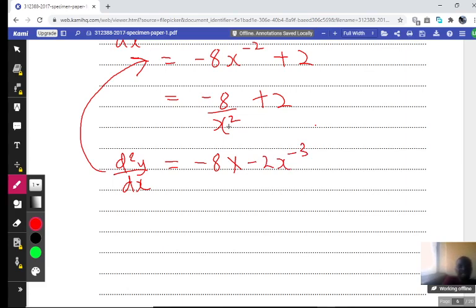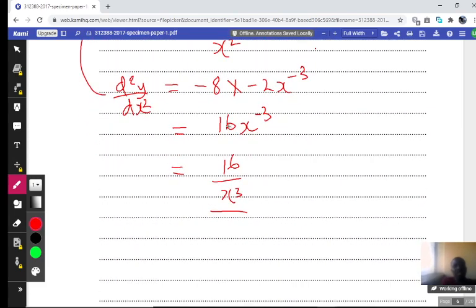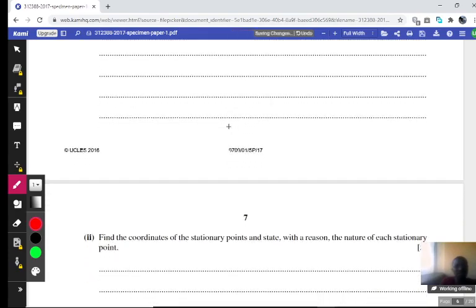Differentiating 2, you get 0. So it will be minus 8 times minus 2, which is 16x to the power minus 3. Simplifying this, you get 16 over x cubed. So this is d squared y over dx squared, the second derivative.